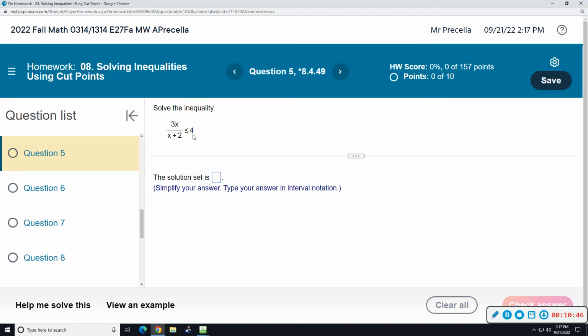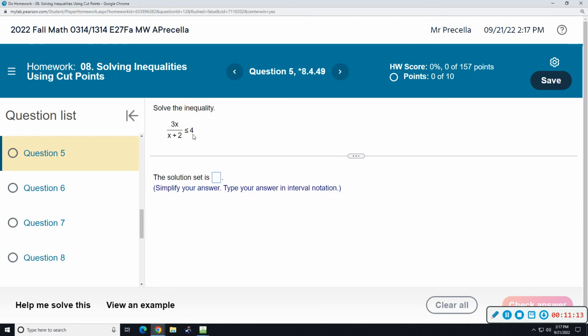Problem number 5 is a really good first example because it's going to illustrate every step: 3x over x plus 2 is less than or equal to 4. So solve the inequality.